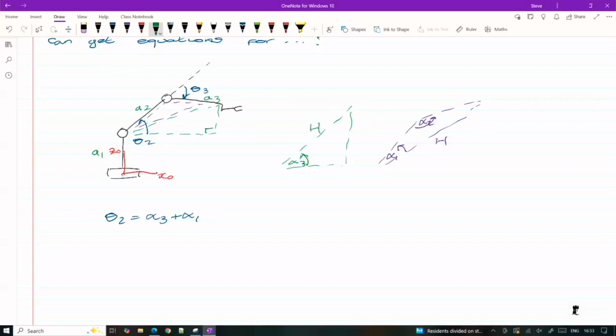So say the vertical dimension is our given point in space. So we will know that our PZ0, for example, is a combination of that side of the triangle plus A1. Make sense? Yeah?